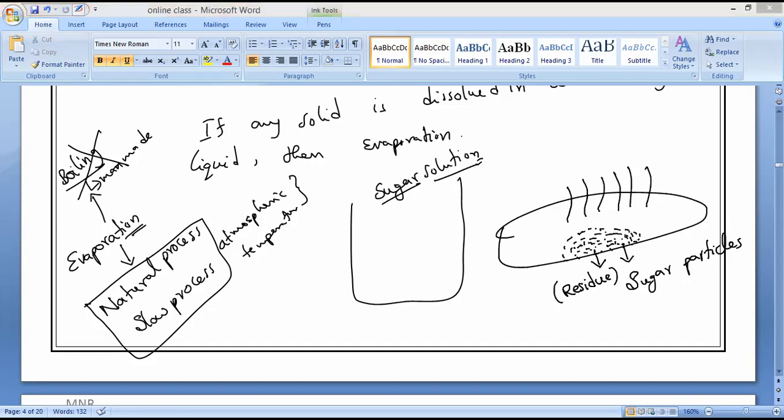Once the liquid has all evaporated, the solid left as a solid substance is what we call residue. That is why the process of evaporation for separating a mixture is based on the fact that liquids vaporize easily, whereas solids do not vaporize easily. That is what you have to remember.